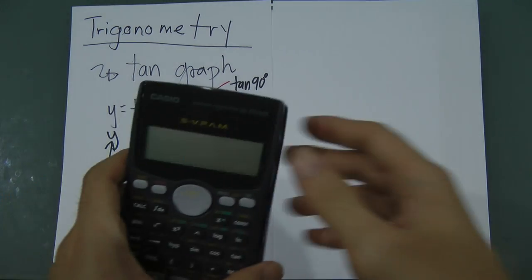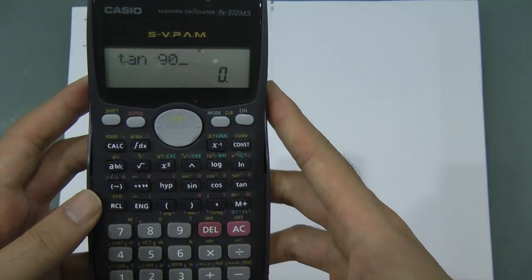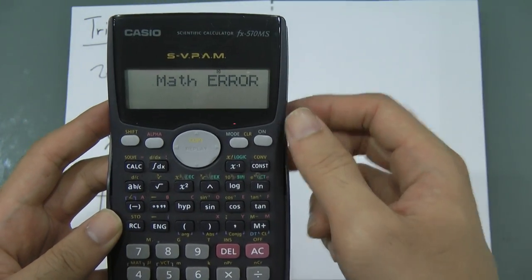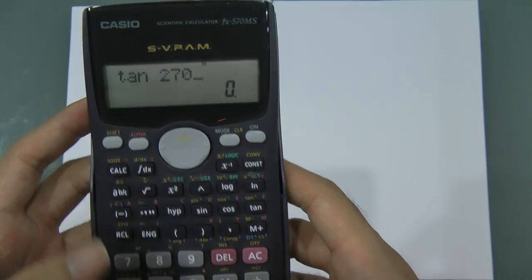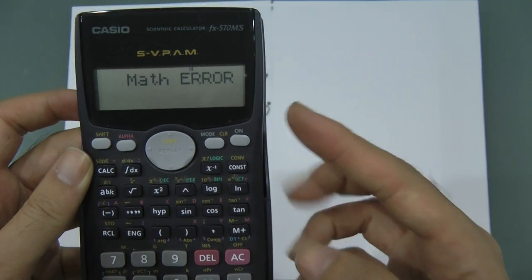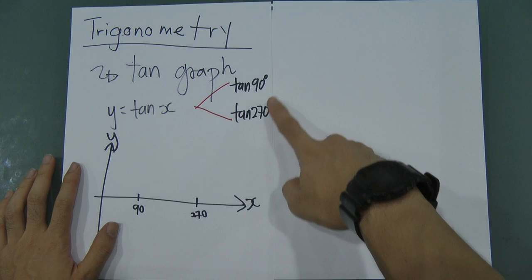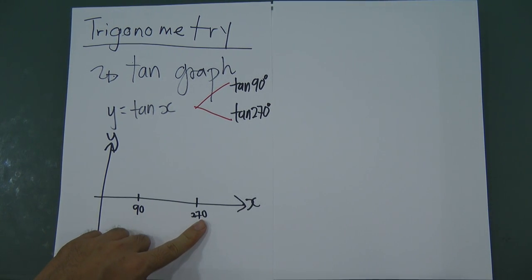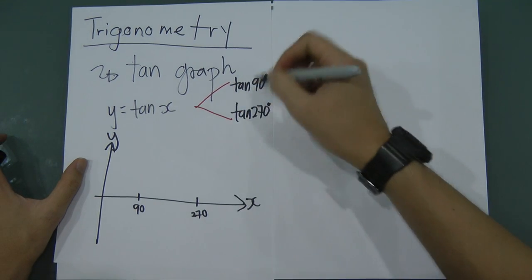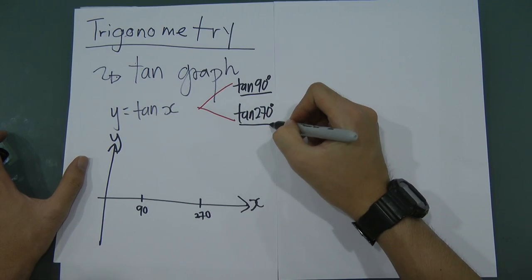You just press the calculator and it will tell you: when you press tangent 90, you get Math Error, meaning tangent will never touch 90. For tangent 270, you also get Math Error, meaning tangent will never touch these two angles. So these two lines are very important when you want to draw the tangent graph. You must draw these two lines first.